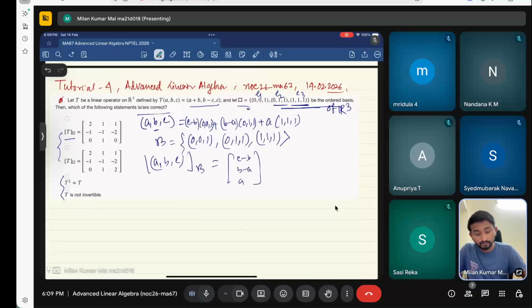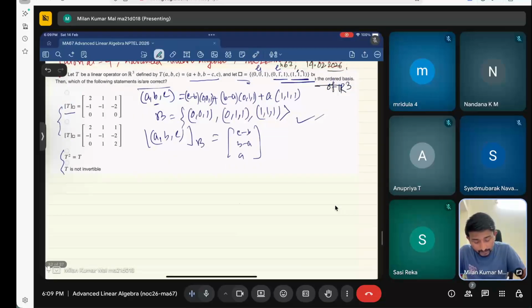Okay. So now you have this expression. Let me keep this. But I have to find the matrix representation of T, so let's start with the ordered basis.